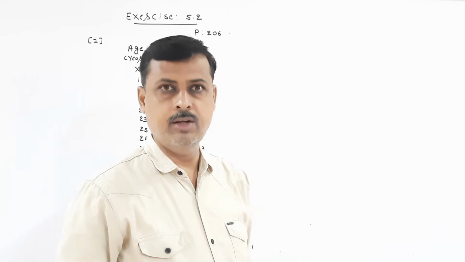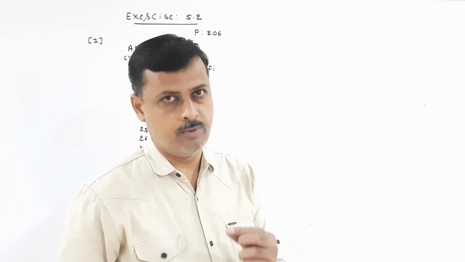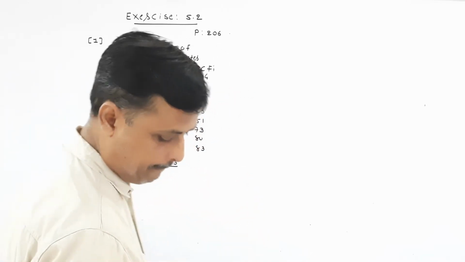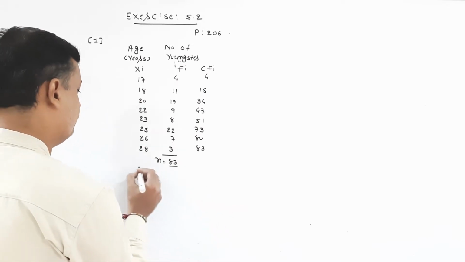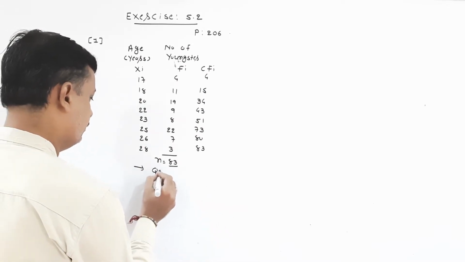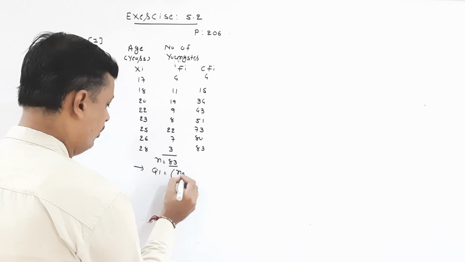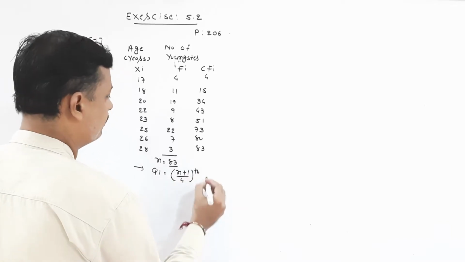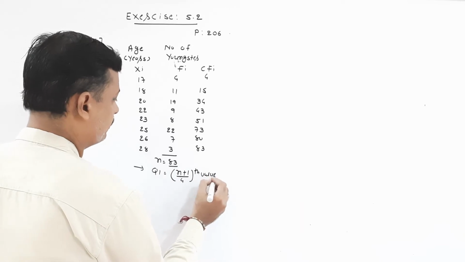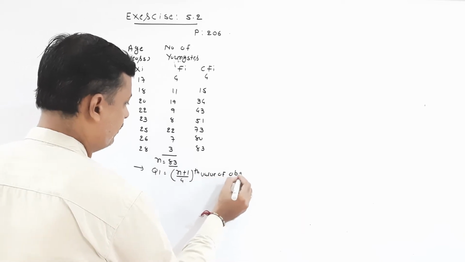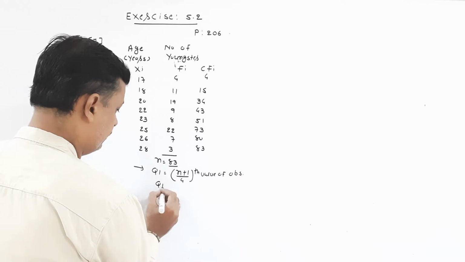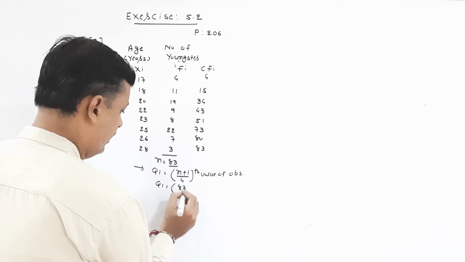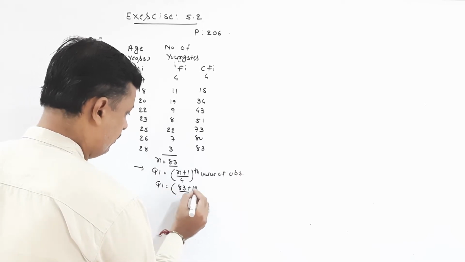So first we find Q1, the first quartile. Q1 is equal to the (n plus 1) by 4th observation value. n is equal to 83, plus 1, upon 4.